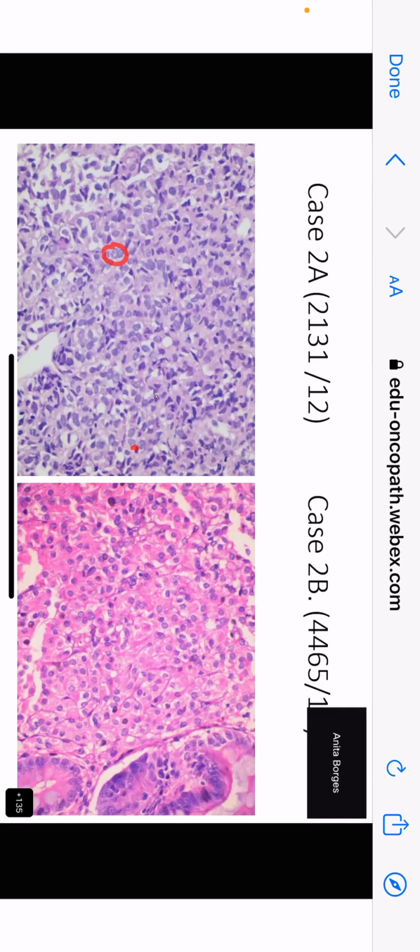Salt and pepper type chromatin. I really cannot see the salt and pepper type chromatin. I know that these have got more or less uniform looking cells. They're all round. The cytoplasm is extremely granular. It's very pink. And at the same time, you do not see any nucleoli at all.